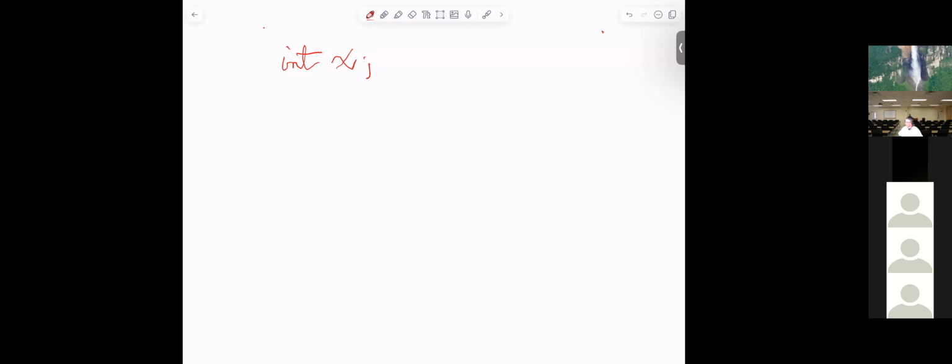When you're reading, they say integer 8. My question is, what is 8? Basically, on the software, it's a variable.